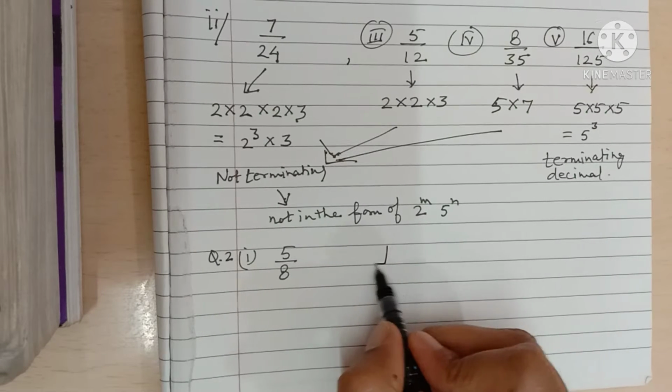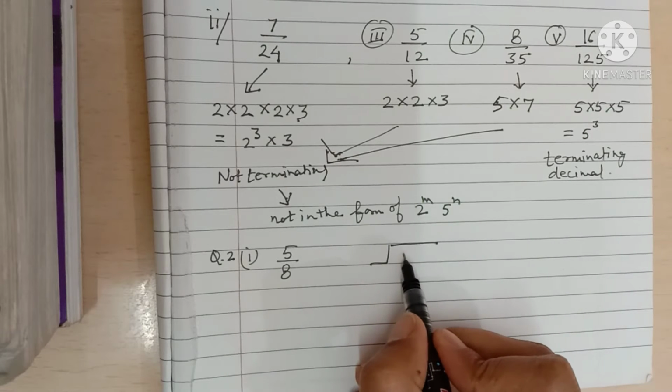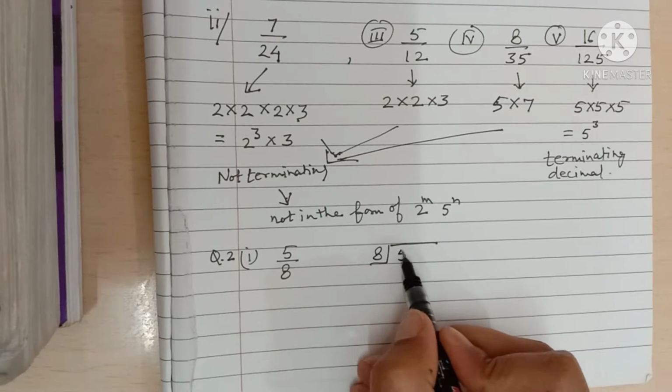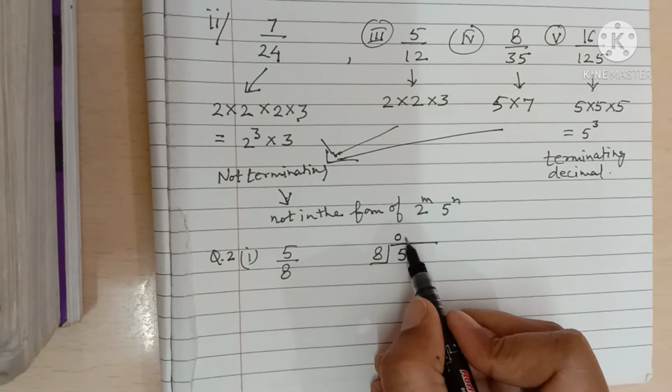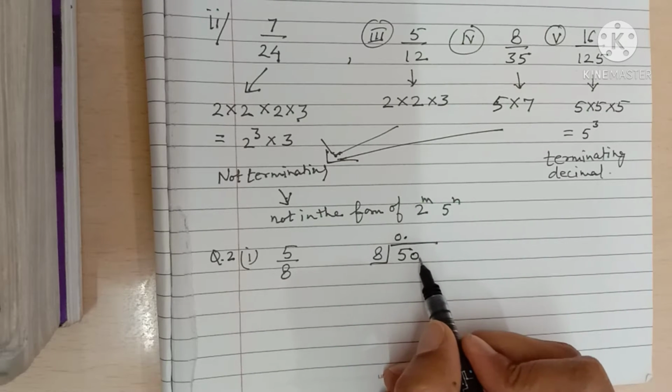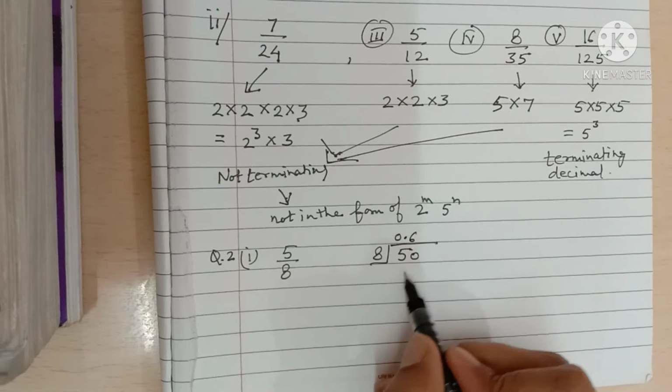So divide 5 by 8. Now put 0. 8 6s are 48.